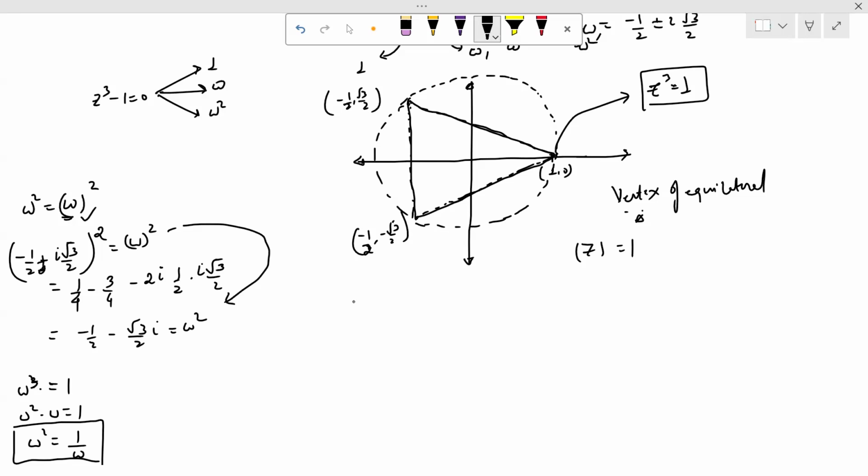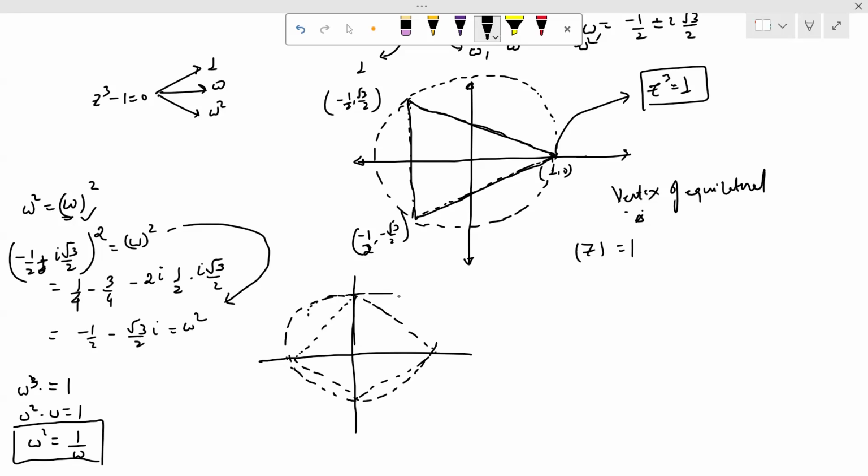Similarly, if you extend it to the 4th power, instead of an equilateral triangle, you'll find a square kind of construction. So if I want to find z raised to power 1/4, sorry, z = 1^(1/4), I want to find all the complex numbers corresponding to 1 raised to power 1/4.